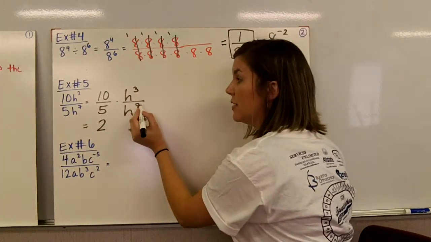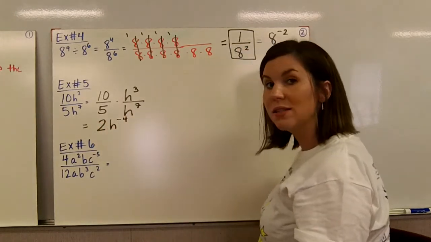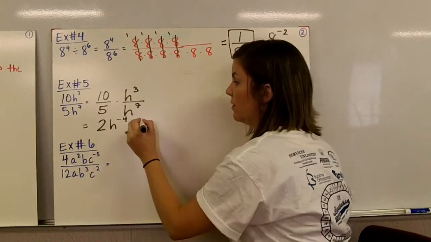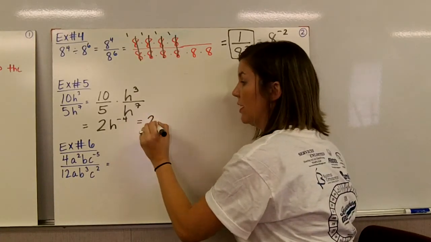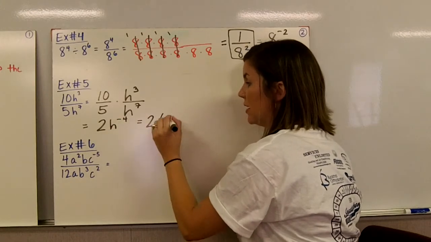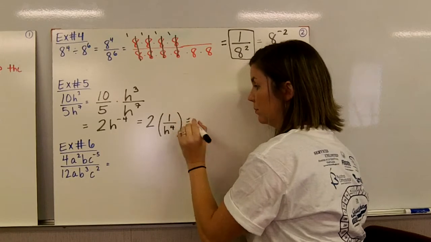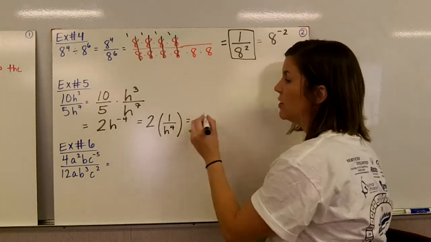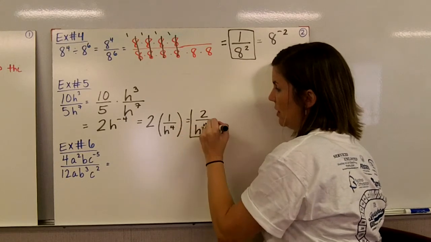So 3 subtract 7 is negative 4. Keep the base, subtract the exponents. H to the negative 4th power. Now we don't want to have negative exponents in our final answer. So we rewrite this as 1 over h to the positive 4th power. And we can multiply. 2 times 1, 2. H to the 4th is in the bottom, stays in the bottom.